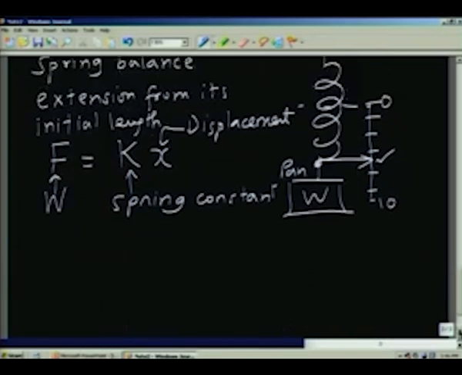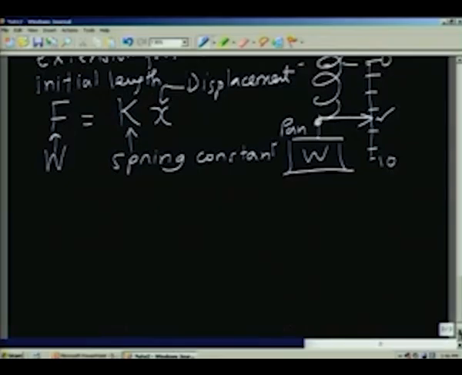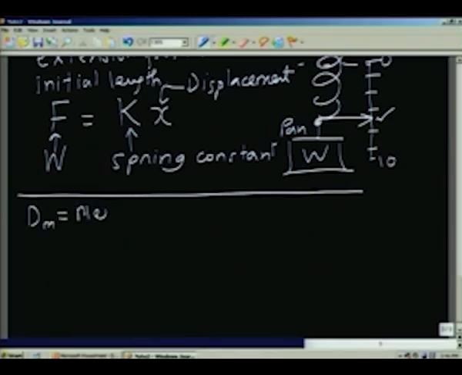So, if I have a material of the spring, let us look at the spring, how it is made. Spring has got a certain material, it has got a mean coil diameter of dm. So, just from strength of materials we can work out the spring constant, that is what I am trying to do.